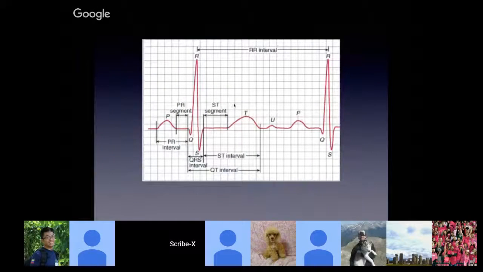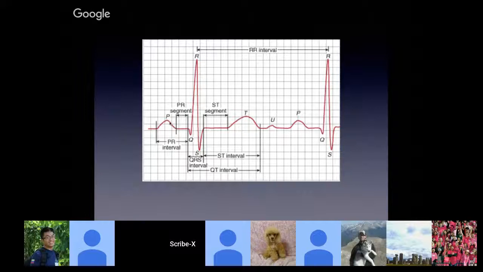All right. So let's look at the tracing on the EKG that you are likely to see. There are waves represented by letters, corresponding to the latter half of the alphabet. What happened to waves A, B, and C, we will never know, but it starts with P. The P wave is the wave that is generated by the depolarization of the atrial muscle.